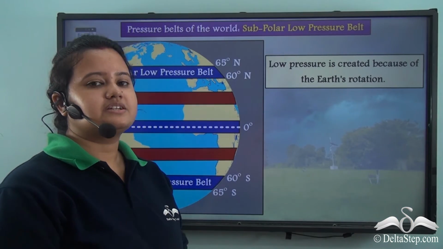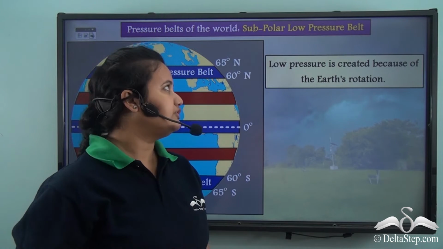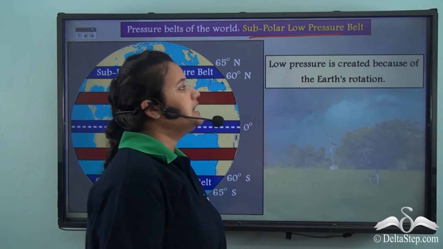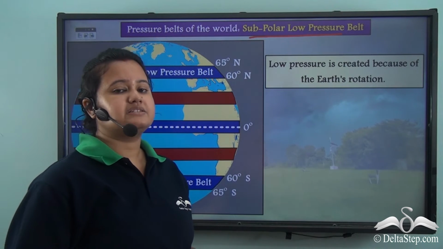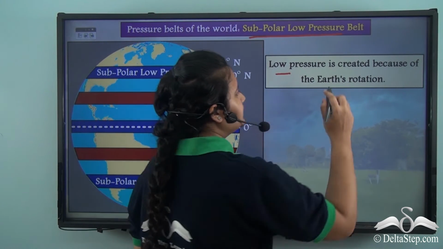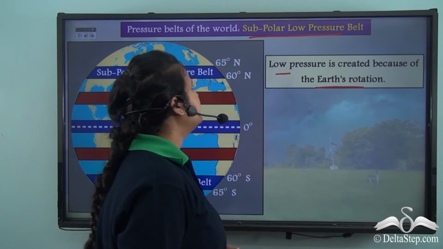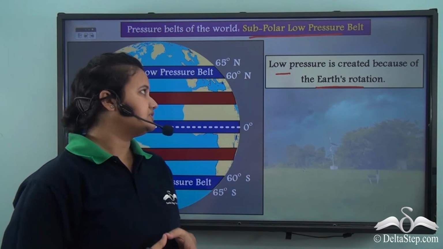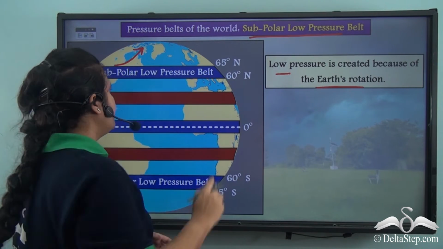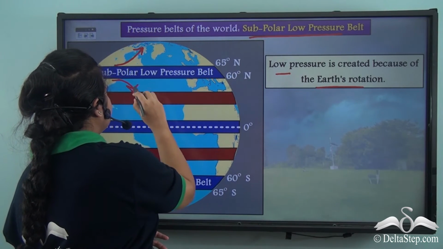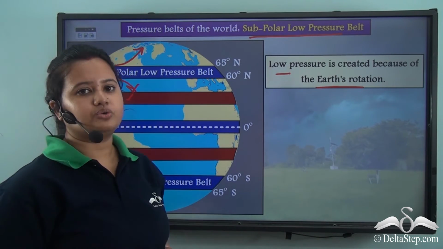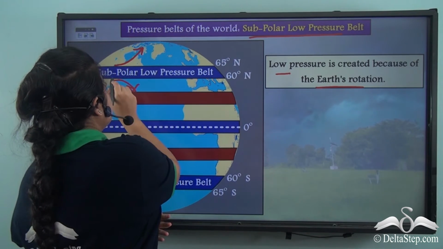We will now discuss the characteristics or features of subpolar low pressure belt. Subpolar low pressure belt is a low pressure zone which is created because of the Earth's rotation. The winds prevailing in this region are pushed either towards the polar region or towards the subtropical high pressure belt, and as a result low pressure zone prevails over this region.